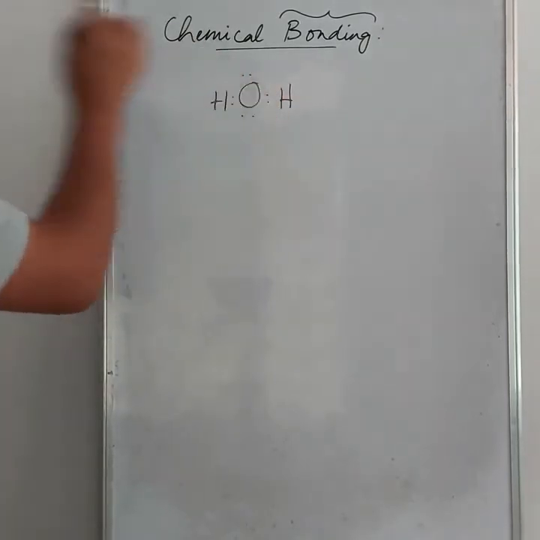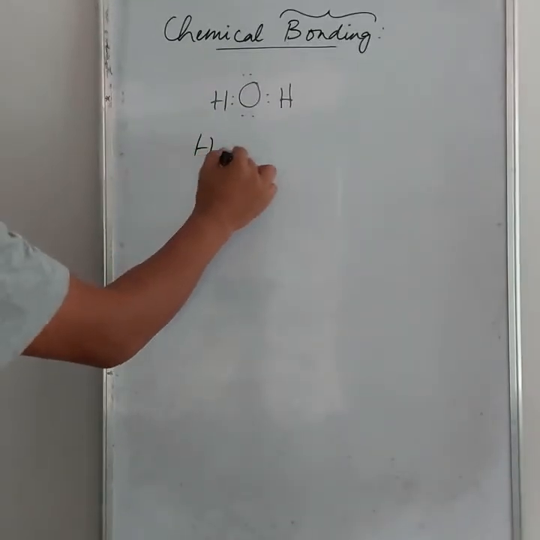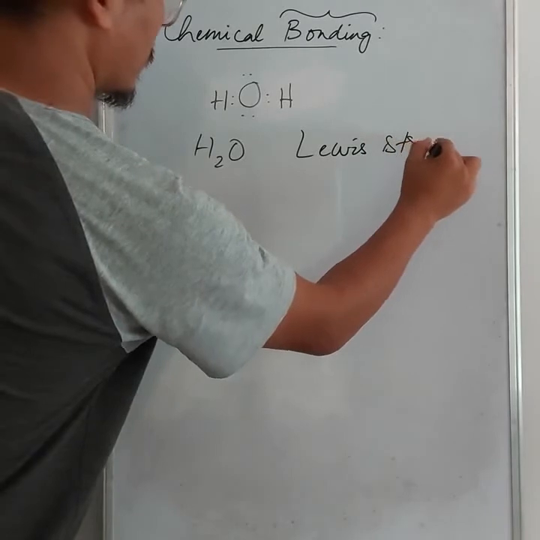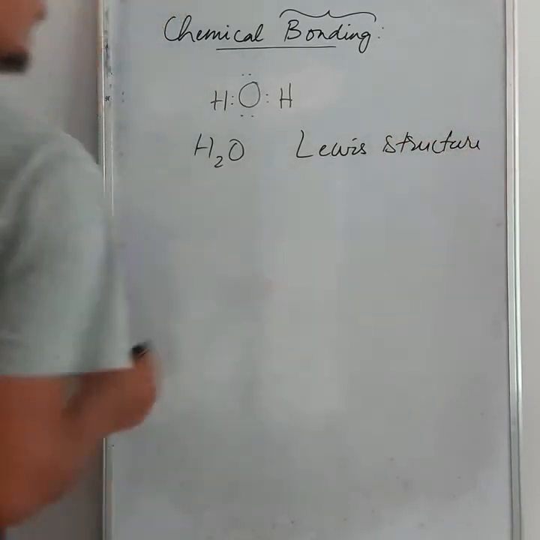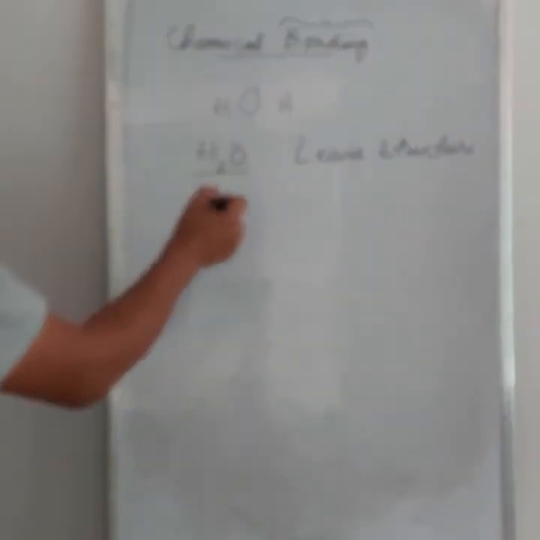So this is the representation of the water molecule in terms of the Lewis structure. We place the central atom first, and then we add the covalency. We generate the structure likewise. This is for water.